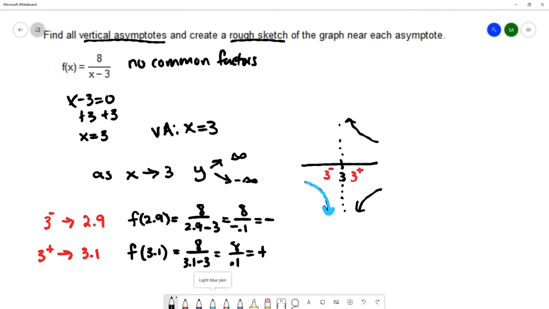So I know that's going to positive infinity, and this one is the right choice for the right side of 3, or above 3. So let's get rid of this one over here. So now I have a sketch of what's going on near the x value of 3, near that vertical asymptote at 3.